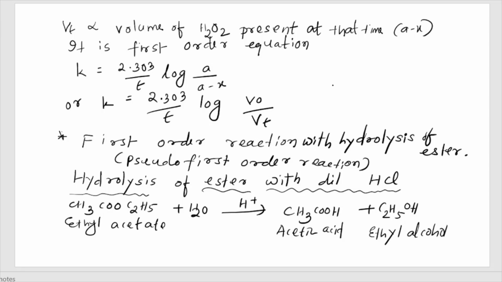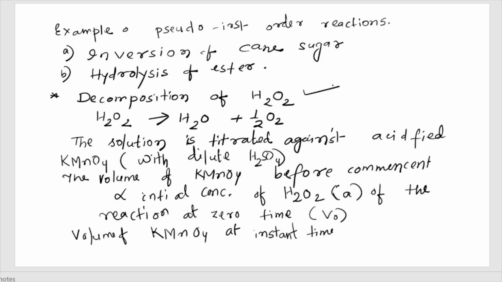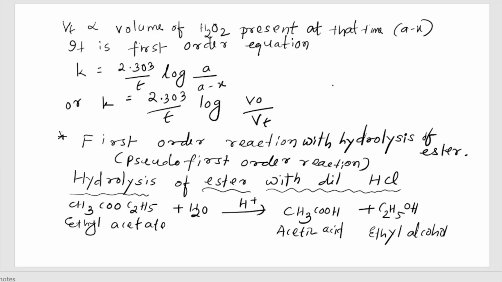The volume of KMnO4 is equivalent to the volume of hydrogen peroxide. This is the simple one. Generally when the question is asked on hydrogen peroxide, it gives the decomposition, which gives water and oxygen, and a numerical problem will be given. You will write the formula where the V0 and Vt values are given, and you can calculate K or T according to the question.